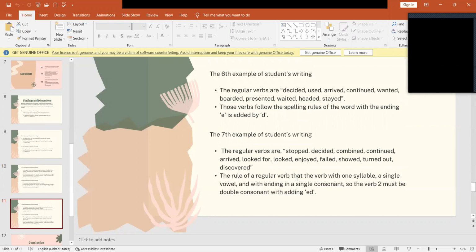And then the sixth example of students' writing. The regular verbs are decided, used, arrived, continued, wanted, boarded, presented, waited, headed, and stayed.